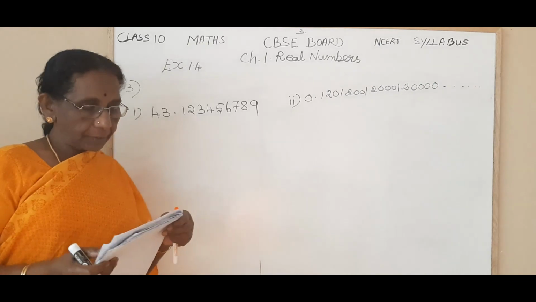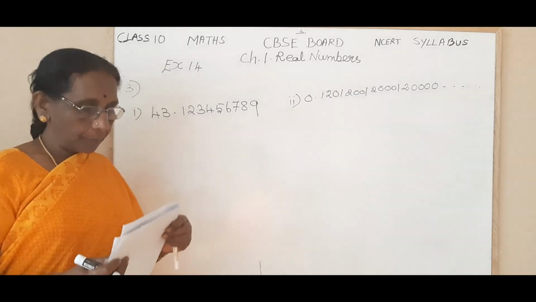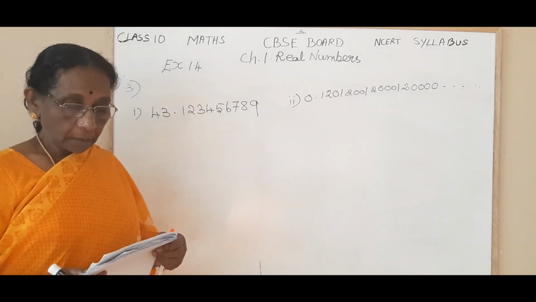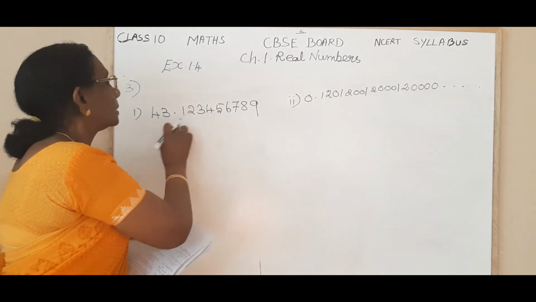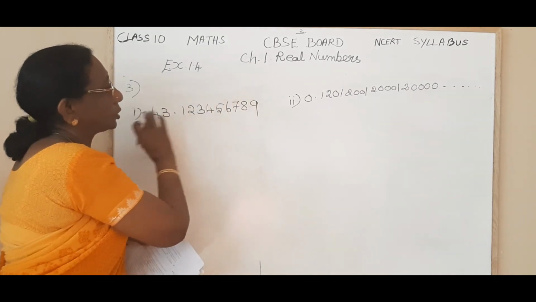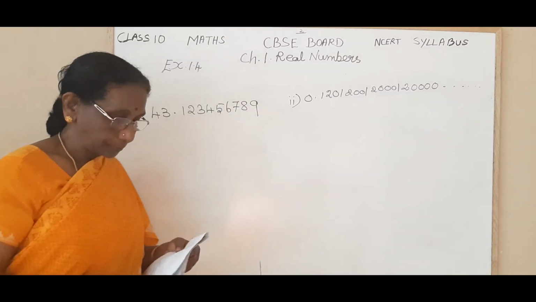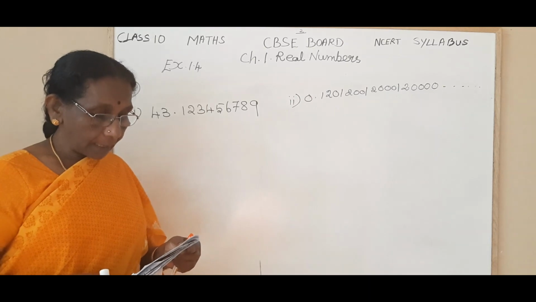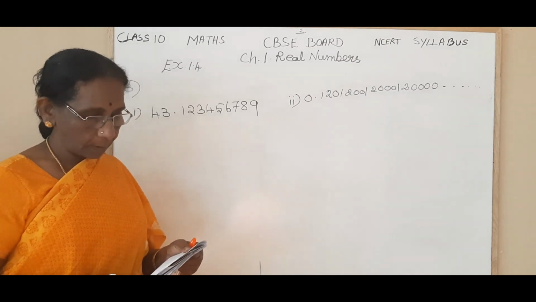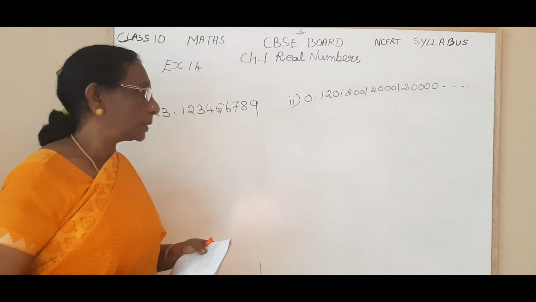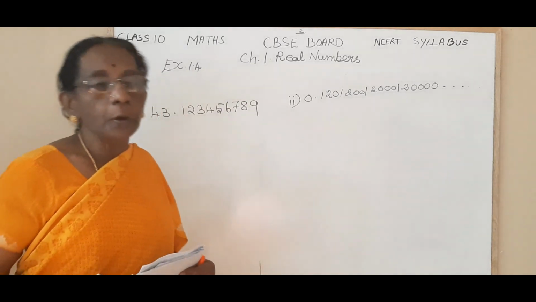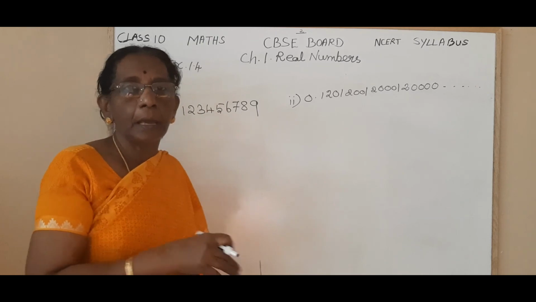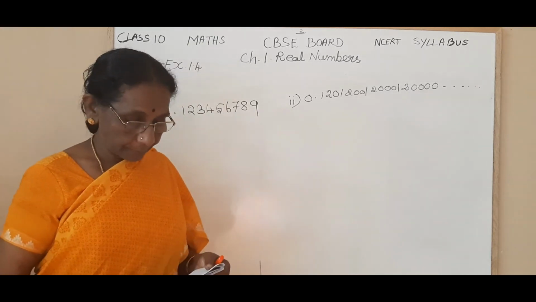I'll just read it. The following real numbers have decimal expansions as given below. Okay, the decimal expansions of the rational numbers are given. In each case, decide whether they are rational or not. By seeing the decimal expansion, you have to decide whether they represent a rational number or an irrational number.